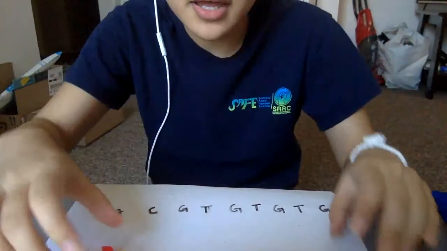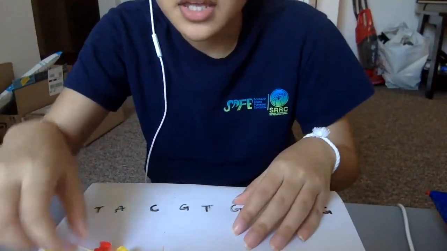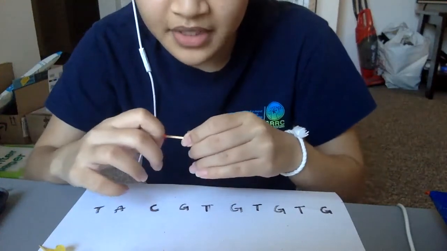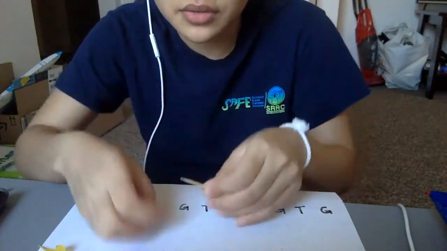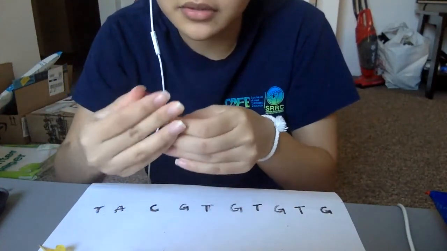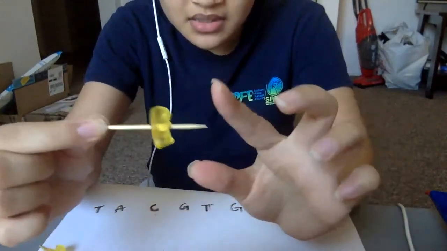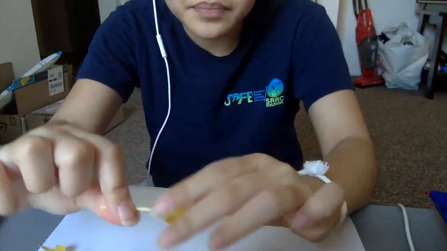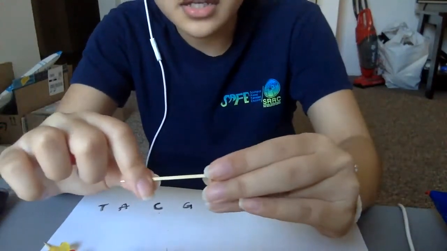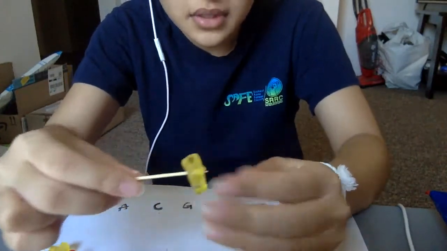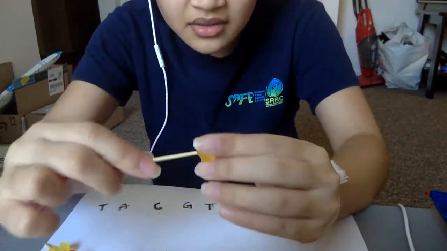So that's one model. If y'all don't have any licorice, there's another way to make a DNA model. So what we're going to do is the same technique. You have gummies. Go ahead and twist, poke one through a toothpick, but leave it at the end.